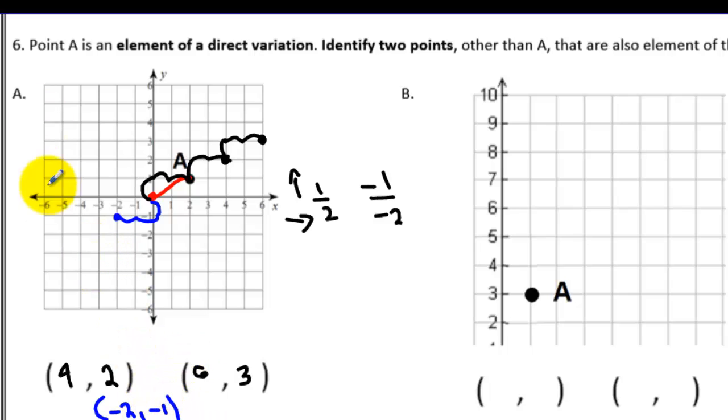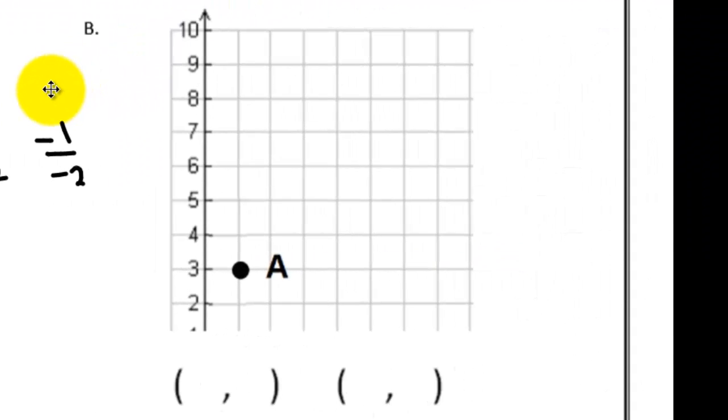And we can keep doing the same process if we would like to generate more points. So again, go down once, run to the left twice. This will be another point that is an element of this direct variation, which is -4, -2. All right, for problem letter B, go ahead.